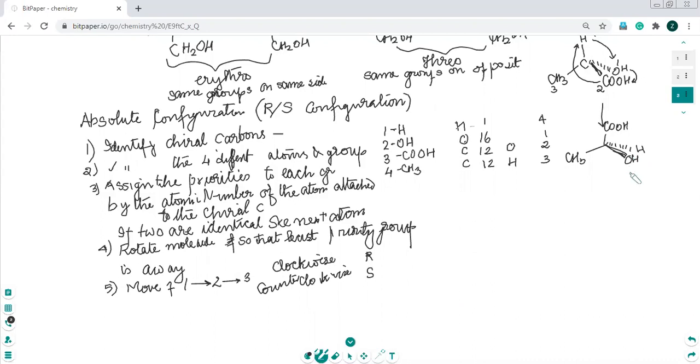So this is the highest priority 1 and 2 and 3 and this is 4. You don't have to worry about 4, because 4 is exactly behind you. Now move from 1 to 2 to 3. So actually the 4 is away from you. The molecule will look like this, all the 3 groups pointed towards you.